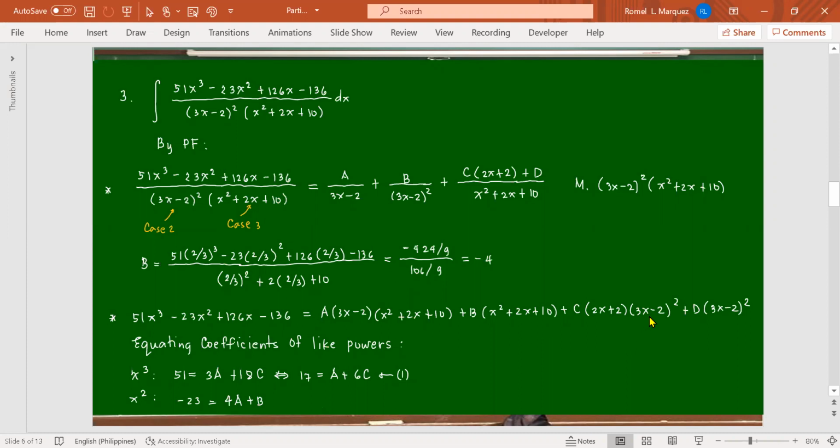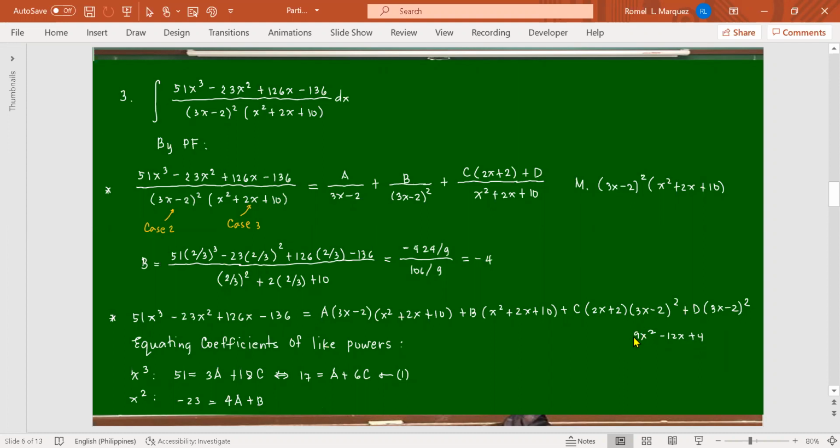Now, when this is expanded, I will have 9x squared minus 12x plus 4. Now, what quadratic terms are produced out of this?